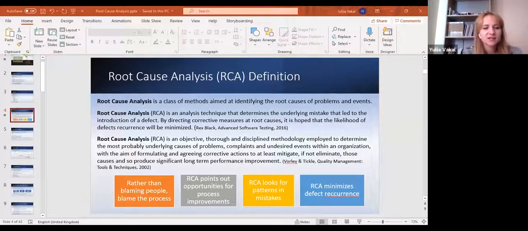Then there is a handbook on root cause analysis. If you just Google it, you will find it. I think it's the most popular one. And then basically any book about the test improvement process.